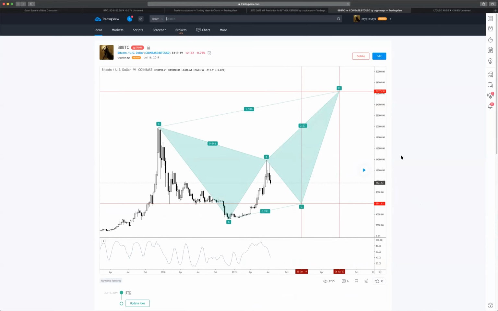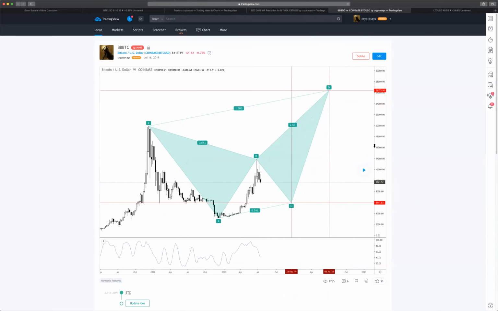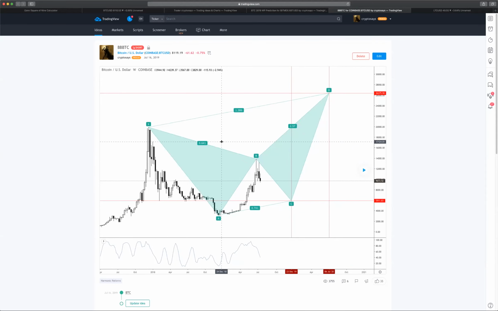I rarely use patterns because of what I said. When you forecast for a long time, it's hard to know what pattern the price is going to form. But with this one, I was doing some studies. Basically, I was relating the numerology, the math behind the method that I have, to the math that a cipher should have. So I was playing with the dates. I already had this date marked from early 2019.